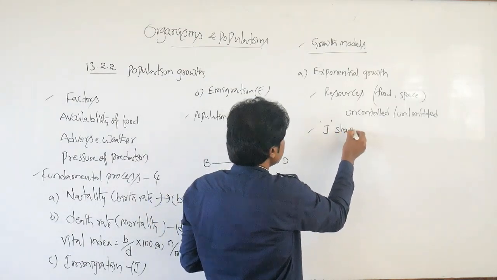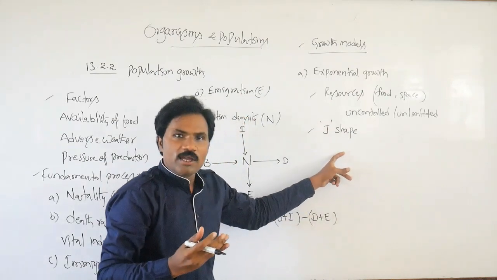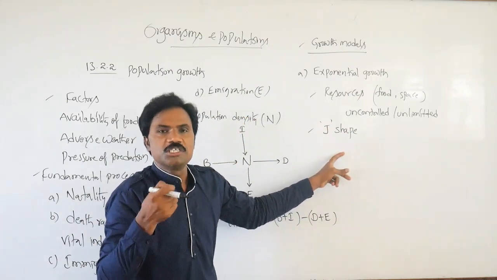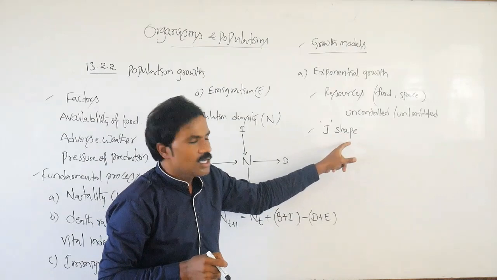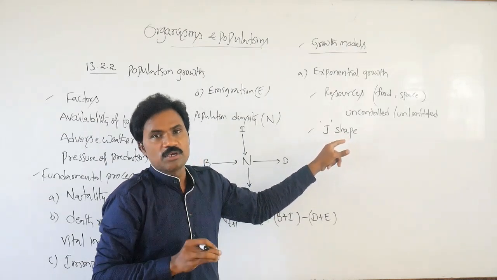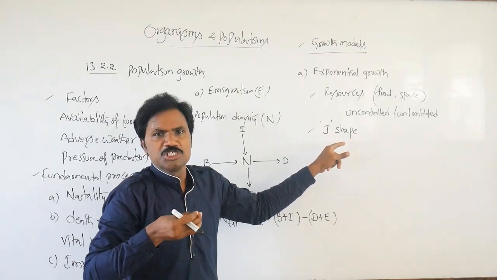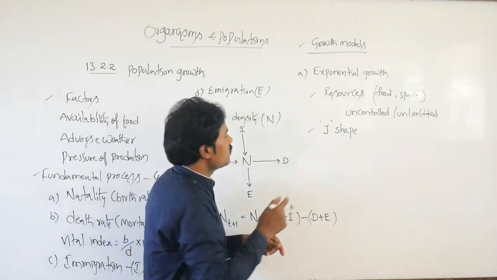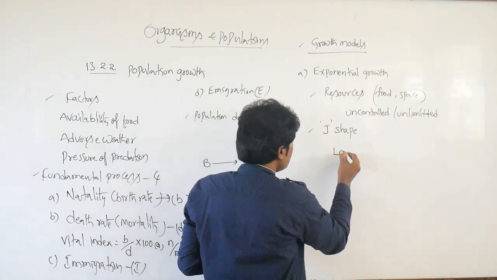Graphically, it represents a J shape. In this J shape, what are the phases present? The first, initiation phase, that is the lag phase.